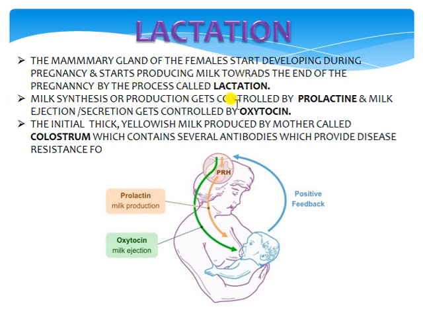Milk synthesis or production is controlled by prolactin, and secretion or ejection of the milk from the mammary gland is controlled by oxytocin. So when the baby sucks the nipple, automatically a feedback mechanism will start. The suckling reflex goes to the brain of the mother. From the hypothalamus region, PRH or prolactin releasing hormone will be released, coming to the anterior pituitary and stimulating the cells to release prolactin.